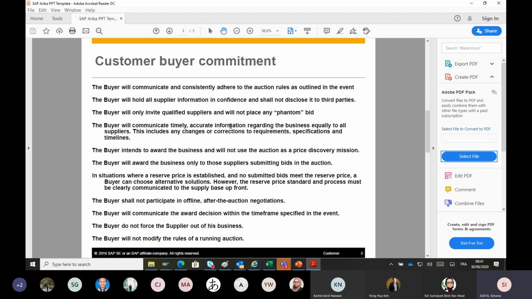The buyer intends to award the business and will not use the auction as a price discovery mission, also known as benchmarking.